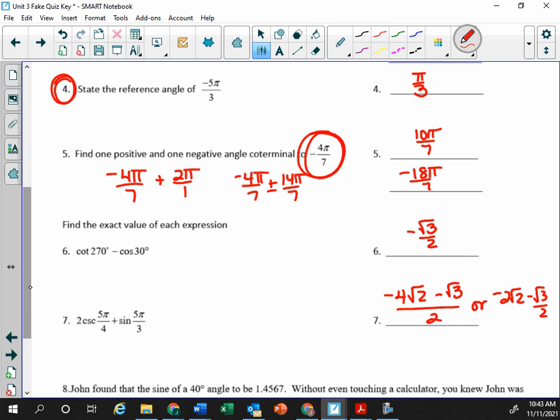The reference angle is between the x-axis and the terminal side. Yes. And guys, the reference angle must be positive and acute. Okay? So if you need to make a picture, do that. You've got to visualize it. It's got to be between 0 and 90 degrees, okay?